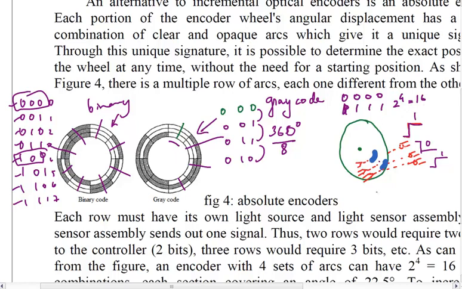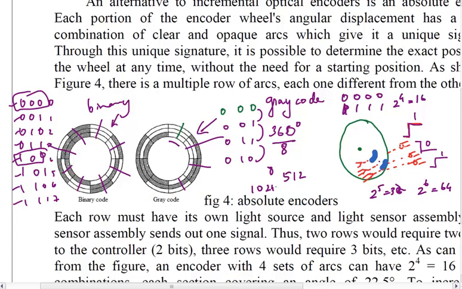Similarly, if I have 5 rows, then it will be 2 raised to power 5, which is 32 sectors. For 6 rows, it will be 2 raised to power 6, which is 64 sectors. Like that, I can go up to 512 if I have 8 rows, and if I have 9 rows it will be 1024.